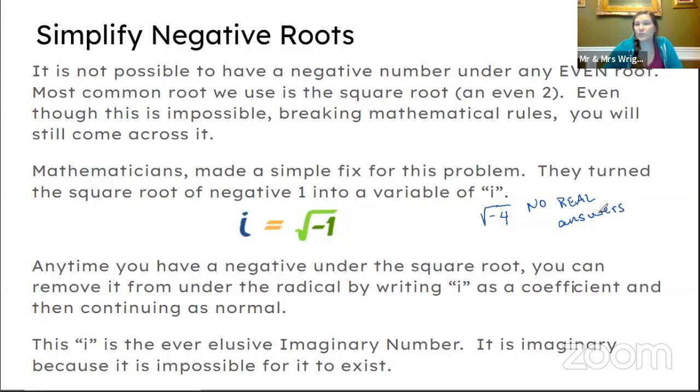And that's true. There's no real answers, but we have an imaginary answer, right? So the square root, let's say, of -5 is equal to the square root of 5 times i. Now, i is the square root of -1. So that works right here.